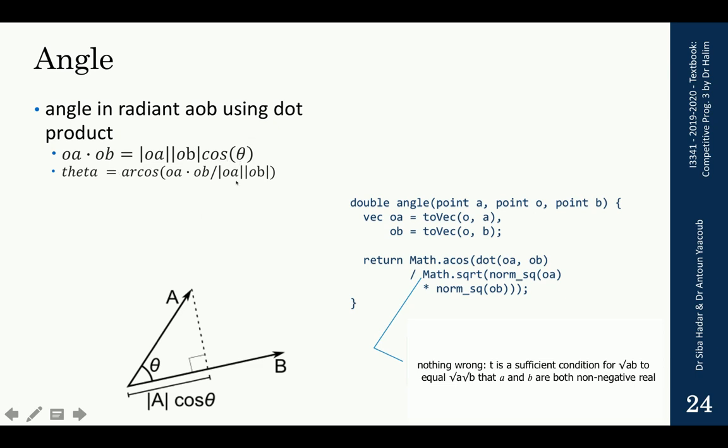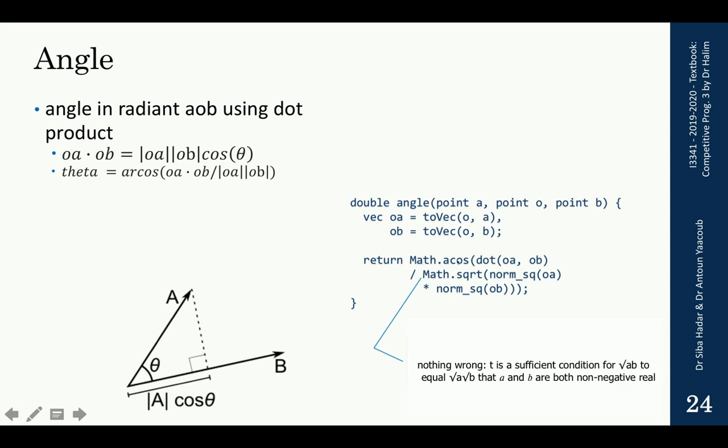So to obtain theta, the angle formed by these 3 points, we can calculate the arc cosine of the dot product of OA and OB divided by the length of each of the vectors. And here is the mathematical formula.